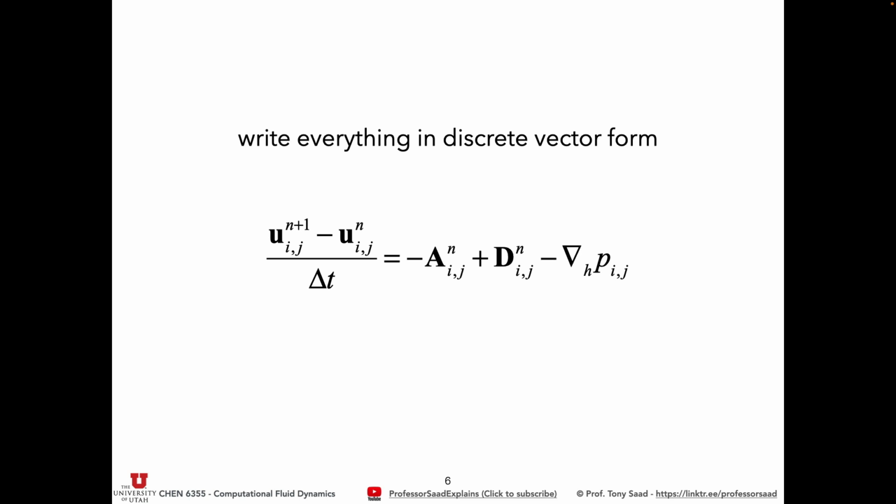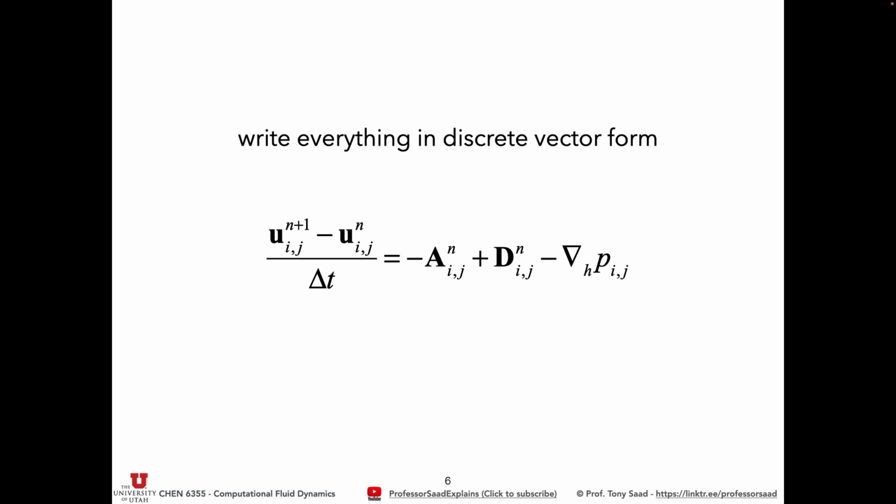Go next. If I write everything in discrete vector form, I'm going to take all of the terms that I represented before and condense them into one vector equation. So if the u vector is u and v, and the advection term is advection for x momentum, advection for y momentum, and the diffusion term is diffusion for x momentum, diffusion for y momentum, just condense them into vector form.